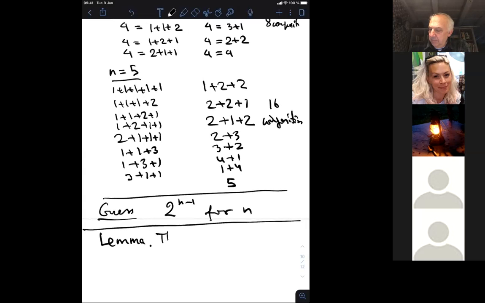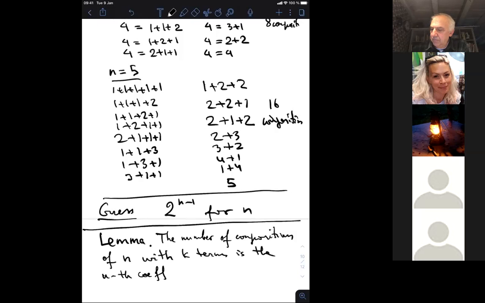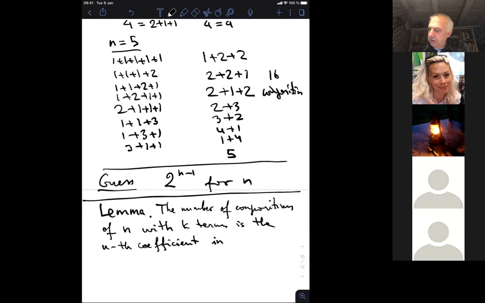So the number of compositions of n with k terms, k summands, is the nth coefficient in the product x divided by 1 minus x, to the power k. Okay, why is this true?